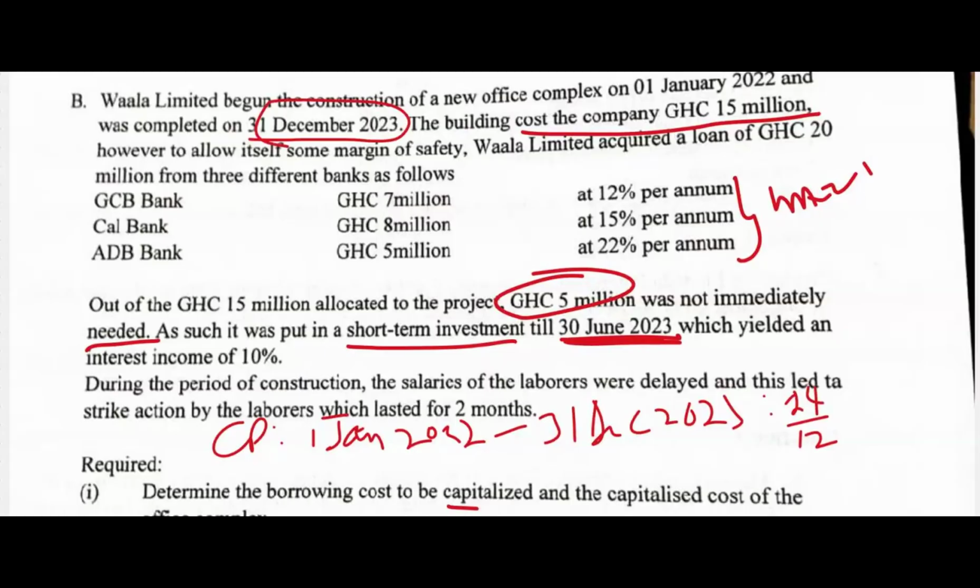So we make it 24/12 months, then we would apportion it. But here, 2 months were ceased. So 24/12 minus 2 will give us 22/12. So the borrowing cost will cover 22/12 because there were 2 months where there was a cessation.